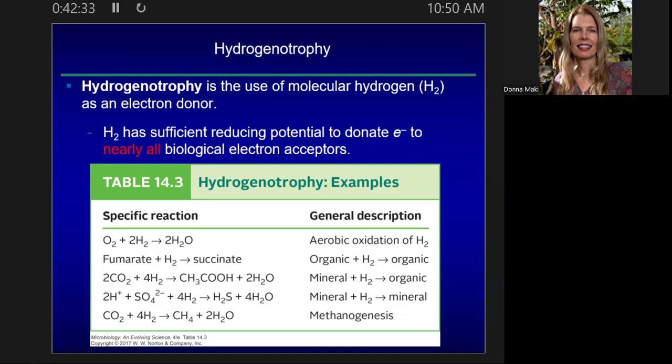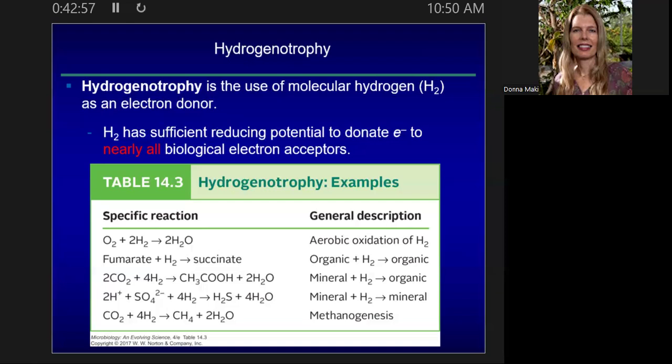The fancy way to say it is they have sufficient reducing potential to donate electrons to nearly all biological electron acceptors. So it's just super good at donating electrons. And when a microbe takes an electron from hydrogen, it creates a situation where you get some really good ATP.